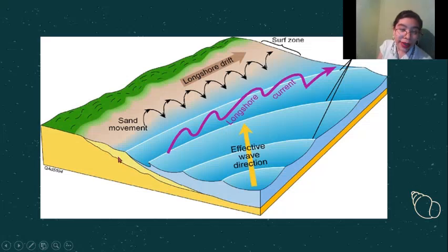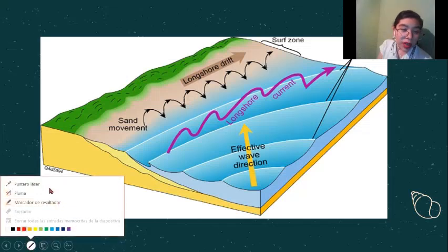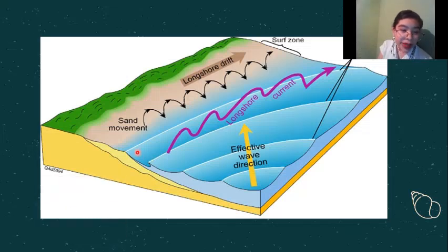This one here is the sandbar. This is the wave going here. This is the movement of the longshore drift that goes to the sides. And when it goes to the sides, it starts to create a sandbar at an angle here.